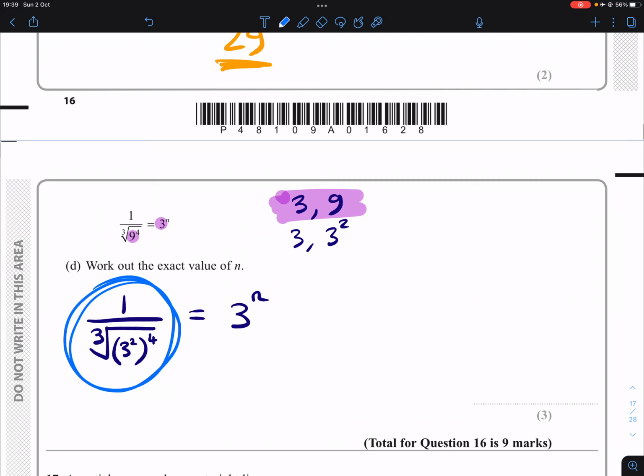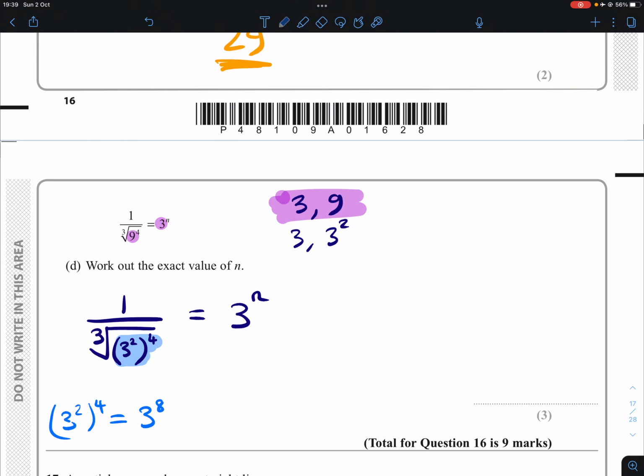So on the left-hand side, we've got a lot going on here. We have a root of a power which has in a bracket something to a power. So we've got a few indices rules here. First of all, we have the third index law involving multiplying powers. So what's there in blue ends up becoming 3 to the power of 8.